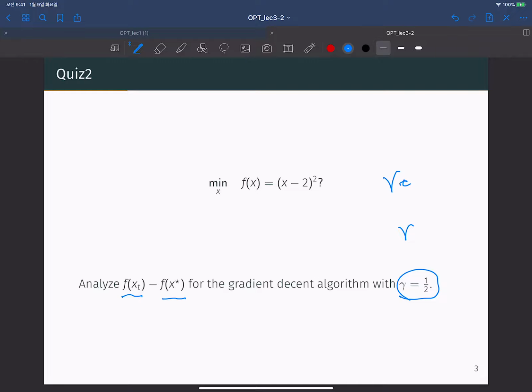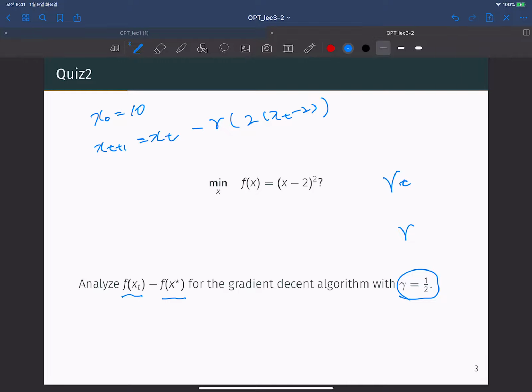Let's find the solution first for this very simple task. f(x) = (x - 2)^2. For instance, x_0 is equal to 10, and we update x_{t+1} using gradient descent: x_t minus the step size times 2(x_t - 2), because 2(x_t - 2) is the gradient value.